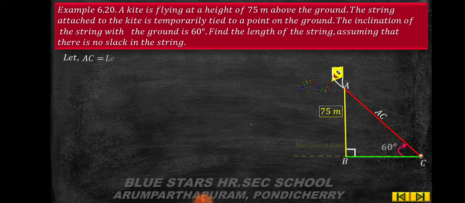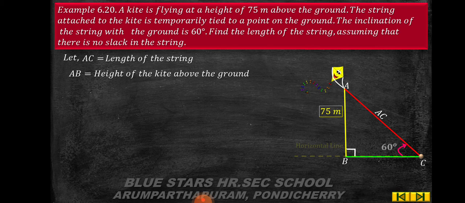Let AC be equal to the length of the string, and AB is equal to the height of the kite above the ground, which is nothing but 75 meter, and angle ACB is equal to 60 degree.